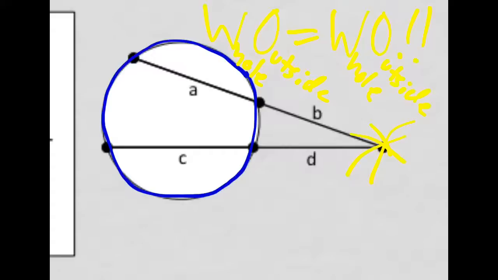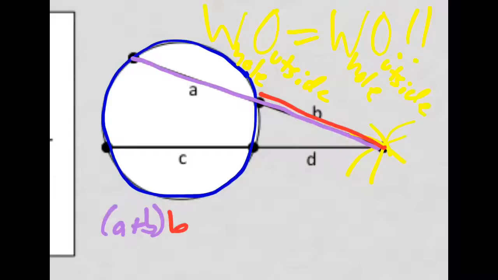All right. Well, what do I mean by whole? This secant right here, what's the whole measurement of this secant? A plus B. Excellent. What's the outside measurement of this secant? B. Whole times outside equals, what's the whole measurement of this secant?